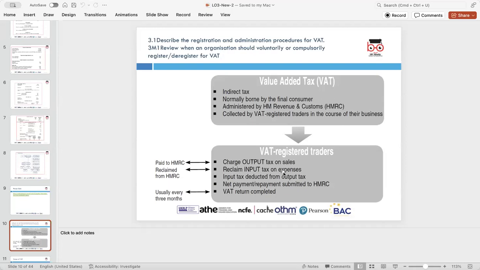They are required to charge output tax on their sales, which is essentially the VAT added to the price of goods or services sold. Also, they can reclaim input tax on their business expenses. Input tax refers to the VAT paid by businesses on their purchases and expenses.